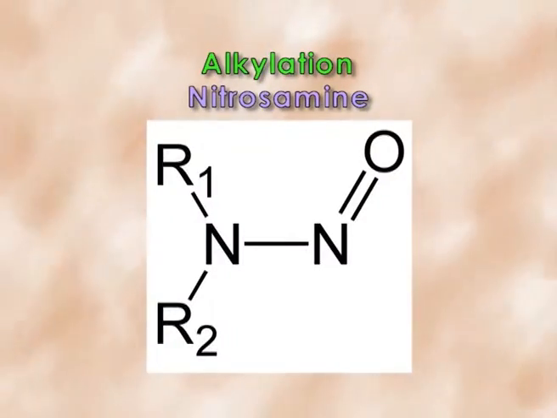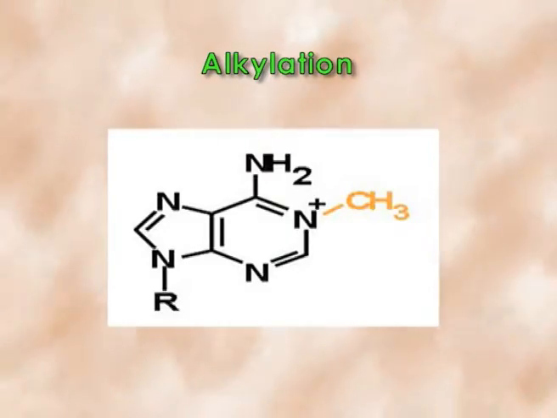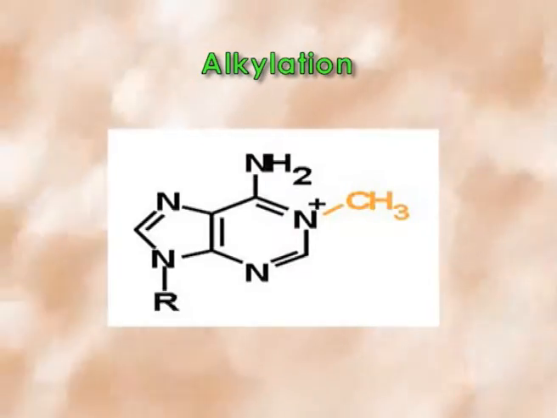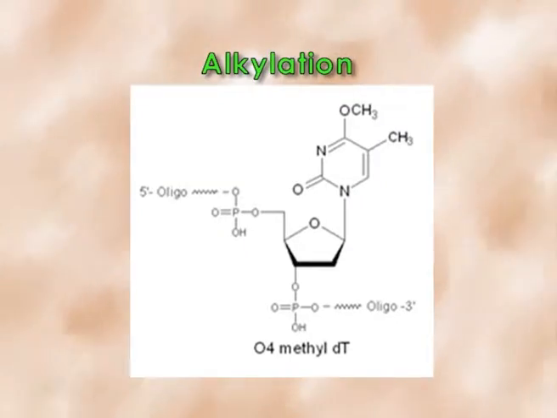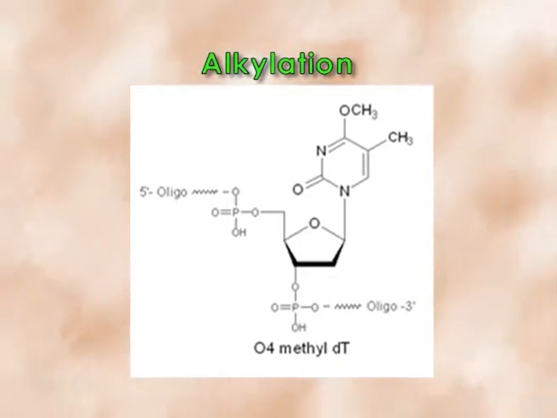Alkylation, in the presence of nitrosamine, which can be converted biologically to the active form, can methylate, like CG to TA point mutation. Otherwise, N3, N7 of the adenine, and N6 as well as O6 position of the guanosine are susceptible to alkylation, causing chromosomal break. O4 methylthymine gives rise to guanosine, and O6 methylguanosine is not repaired by the brain, which is alarming.